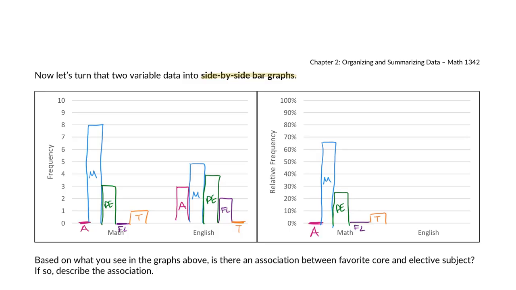We can then do the same thing for the English responses. So art in English was 21%. Music in English was 36%. Athletics and PE in English was 29%.